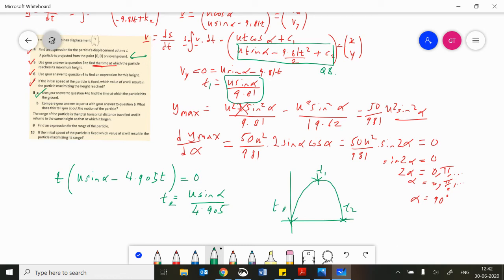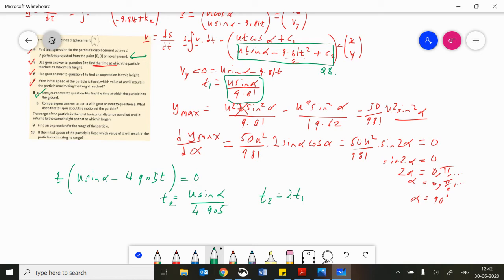We can see that the time at T2 is twice the time at T1. So T2 equals 2 lots of T1. And it wants us to interpret this. What does this tell you about the motion of the particle?